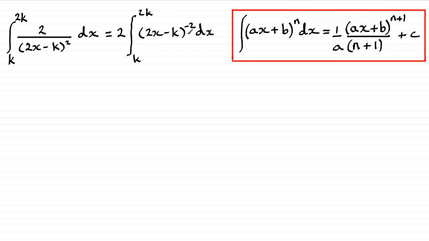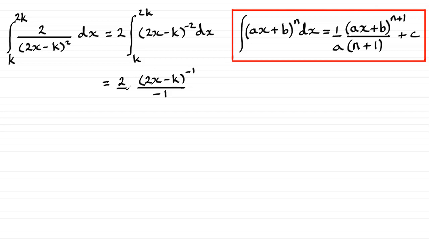So when we compare this result to what we've got here, you can see that if we just take that 2 out, then we add 1 to the power, -2, so we've got 2x minus k, adding 1 to that power minus 2 gives us -1, divide by the new power -1, and we'll divide also by the coefficient of x here, the 2.